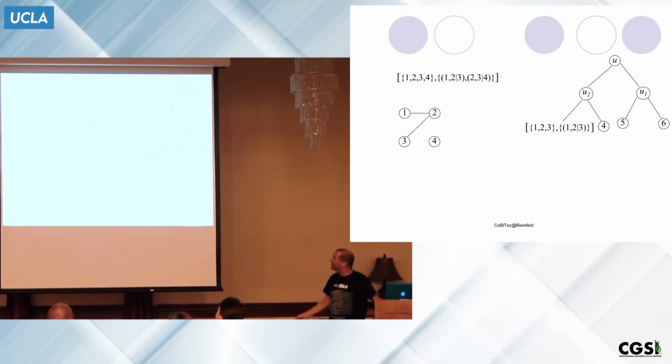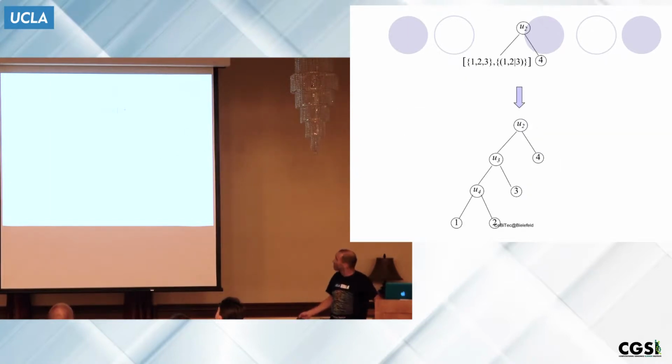Now, this is really easy. This is the tree that is obtained from here. So we have U2 here, 4 under U2, and this is the tree, because we see 1, 2 is separated from 3.